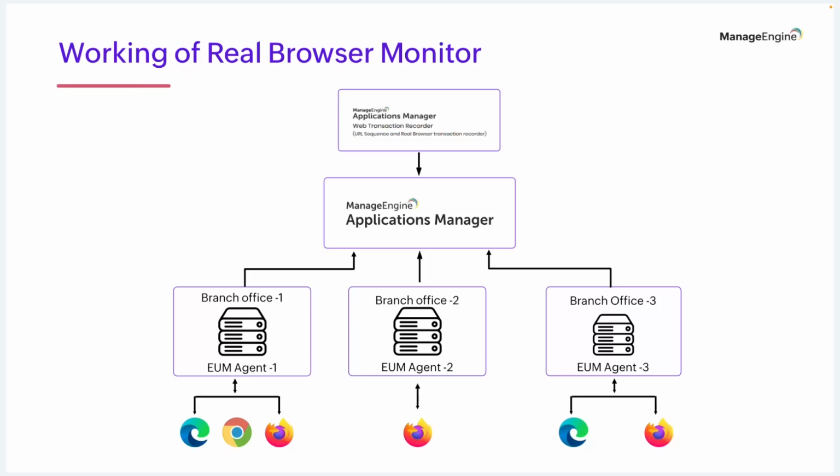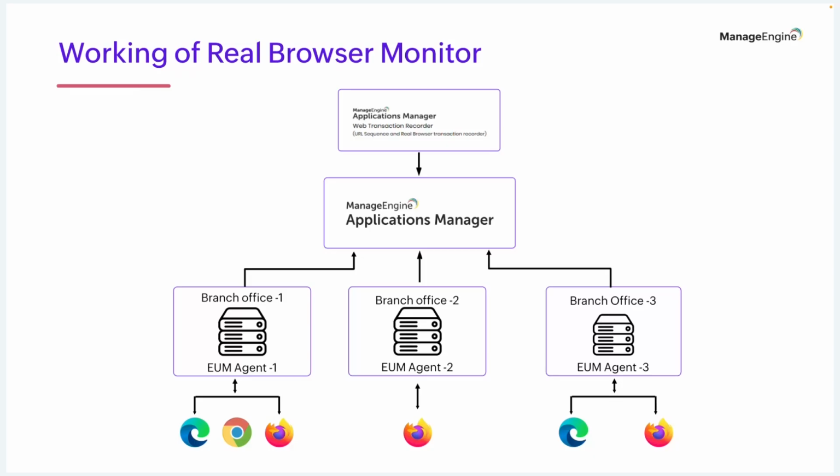For that, you will need to install the EUM agent in all your branch offices. Then you can record the transaction of filling and registration from your main office. The same transaction will then be performed in all your branch offices using this EUM agent, and then all the data will be sent to Applications Manager. This way, you can check if this particular workflow functions without any errors in all the desired locations.